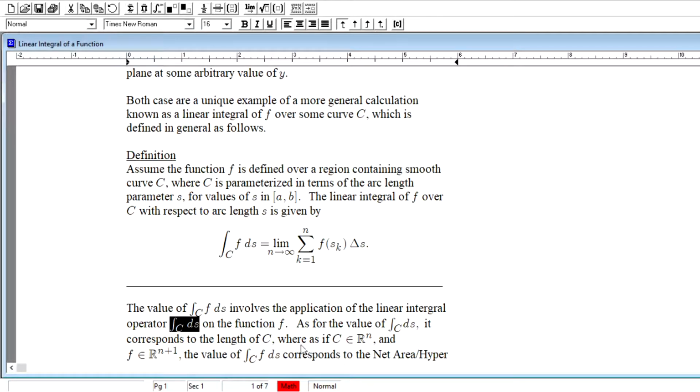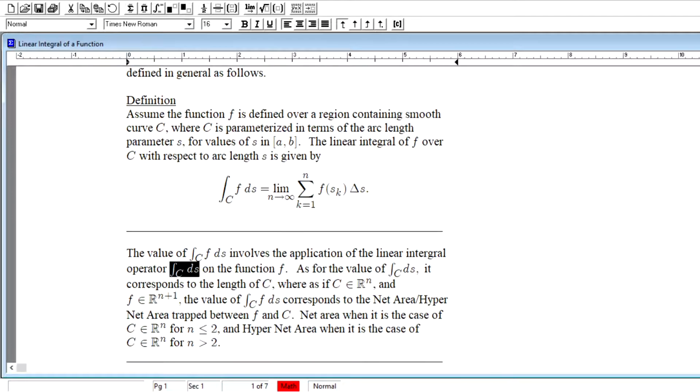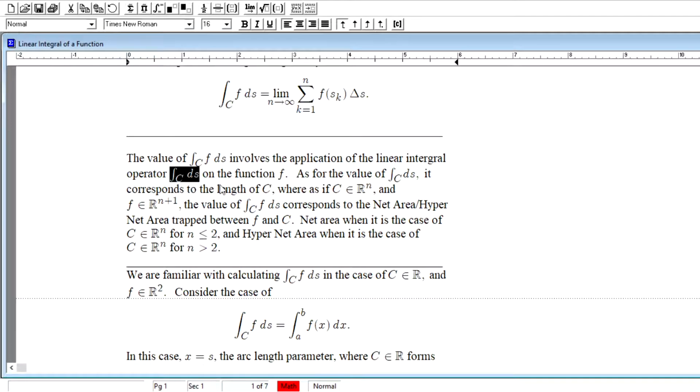Really, the big idea of what we're trying to formalize and establish here is that we have this operator, known as the linear integral operator, that illustrates integration over a curve C in n-dimensional space with respect to the length of that curve C.